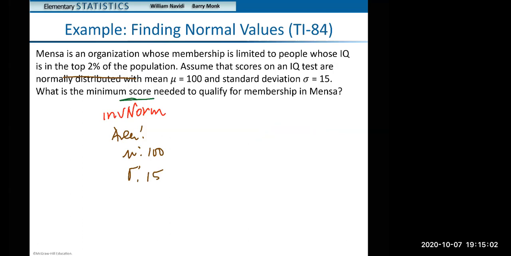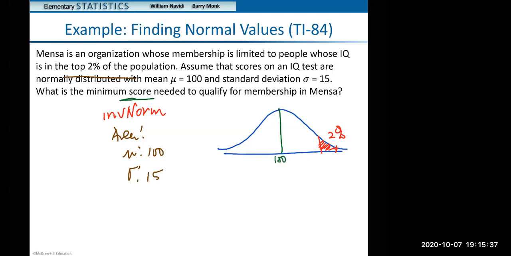sorry, this is not a good normal curve. So top 2%, where is top 2%? From negative to positive. So do you agree that this is the top 2%? Mean is 100, so that is the center.